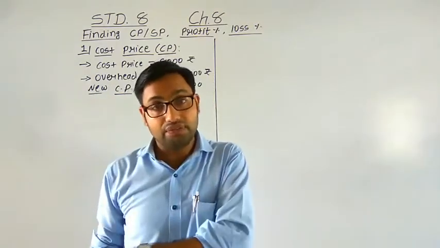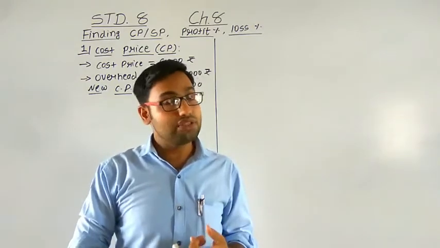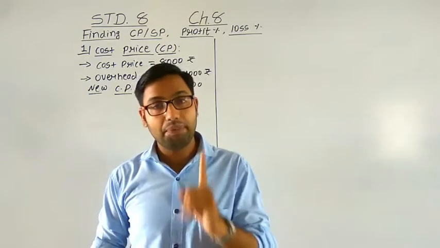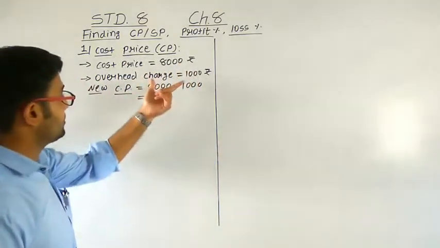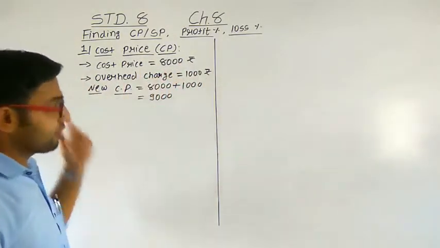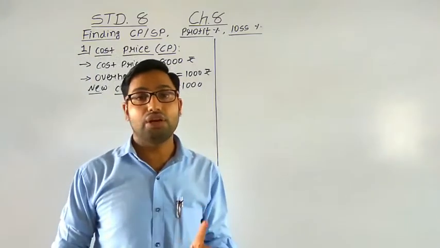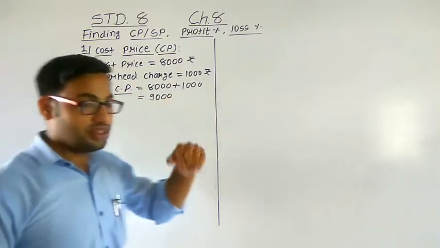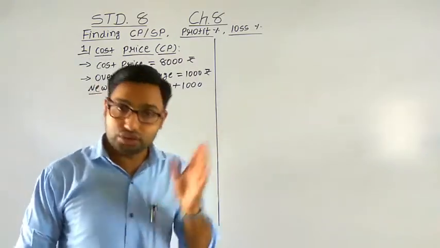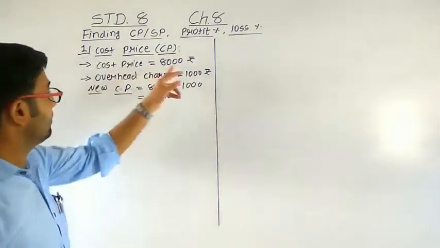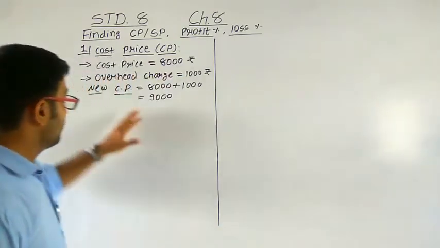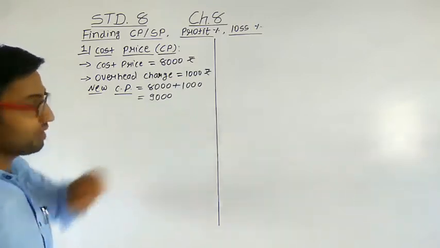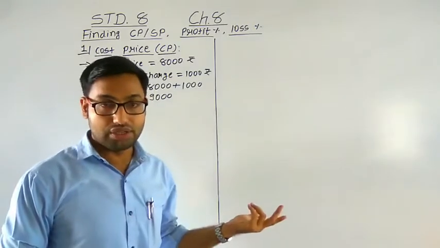Now you pay rupees 50 to repair it, so the new cost price will be 10,050 rupees. Keep in mind, we have to add this overhead charge to the cost price. Whenever we calculate the cost price, if you make any overhead charge, then we have to add this charge to the main cost price. So your cost price now will be taken as 9,000.